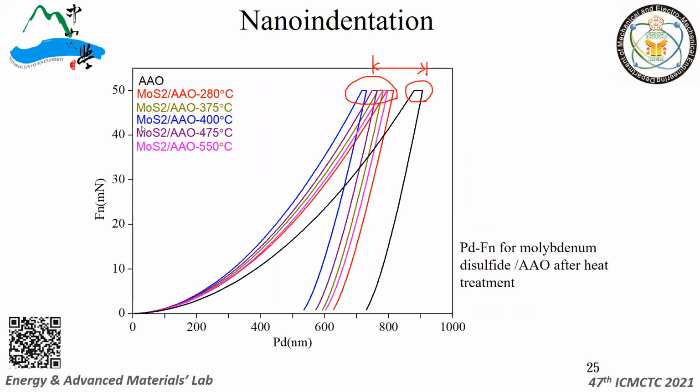And also we worked on nanoindentation, so you can see those samples with MoS2 coating and without MoS2 coating. Looking at the difference of the indentation depths, the sample without coating has the deeper depth. That means lower hardness.